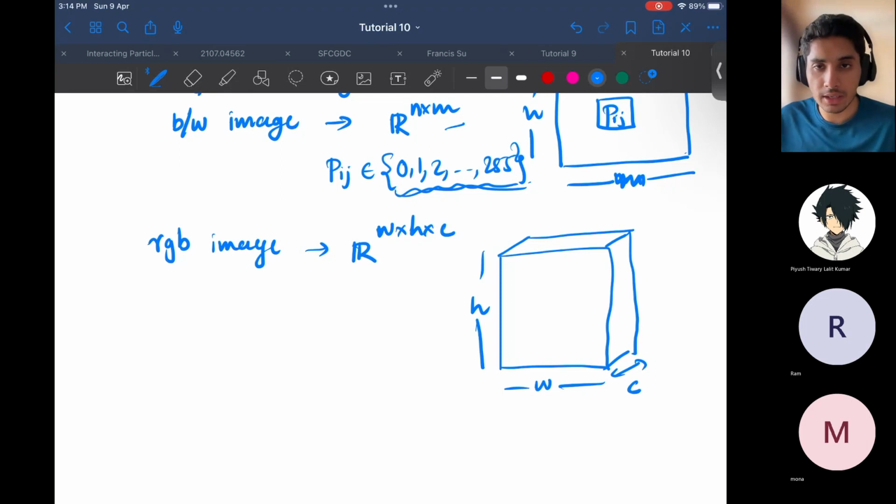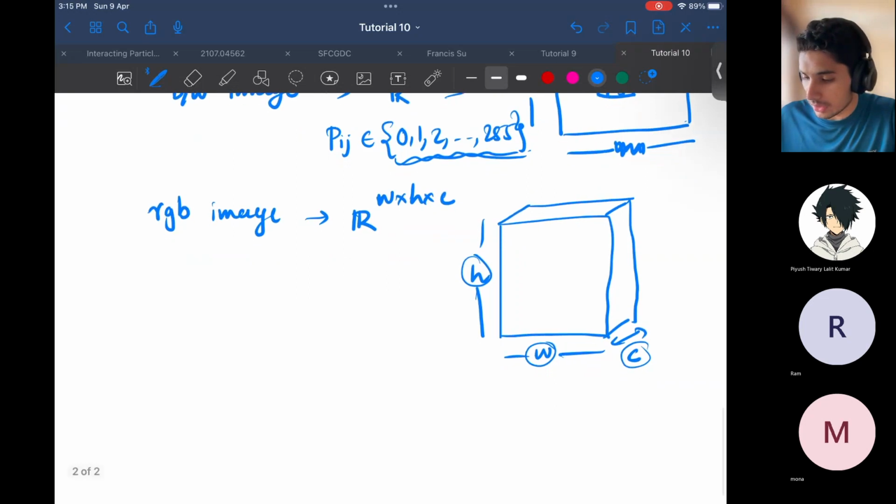An image that we see in our daily life is actually an RGB image, and it has three dimensions. The first dimension is your width, another is height, and the third one is channel. In an RGB image, the number of channels is actually three. So what are these three channels?